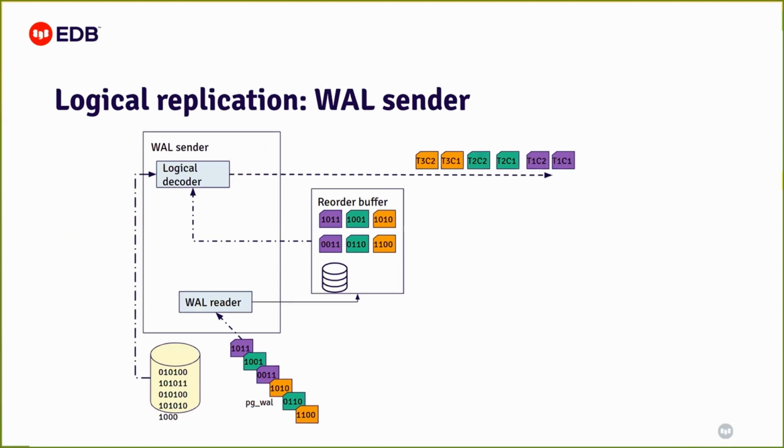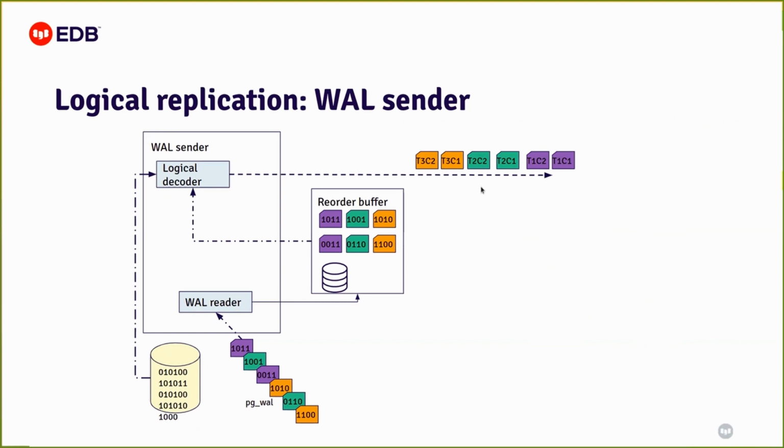A logical WAL sender has essentially four components. One is the WAL reader, which is reading the WAL stream as it is produced. It feeds that WAL stream to the reorder buffer, which segregates the WAL by transaction and also orders it according to commit order.